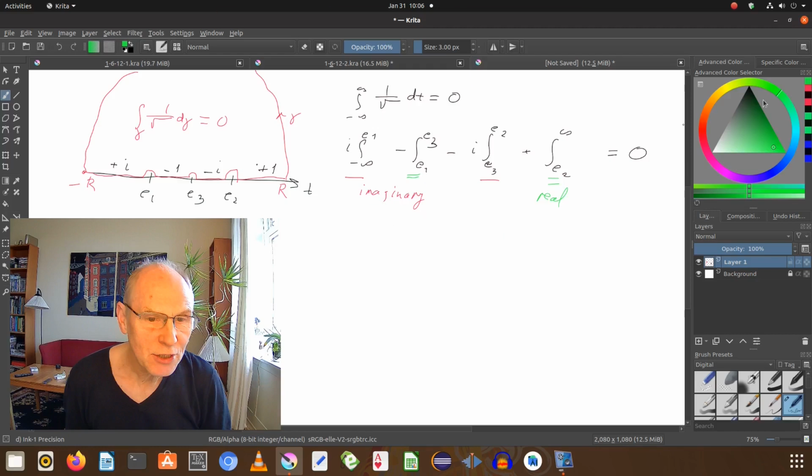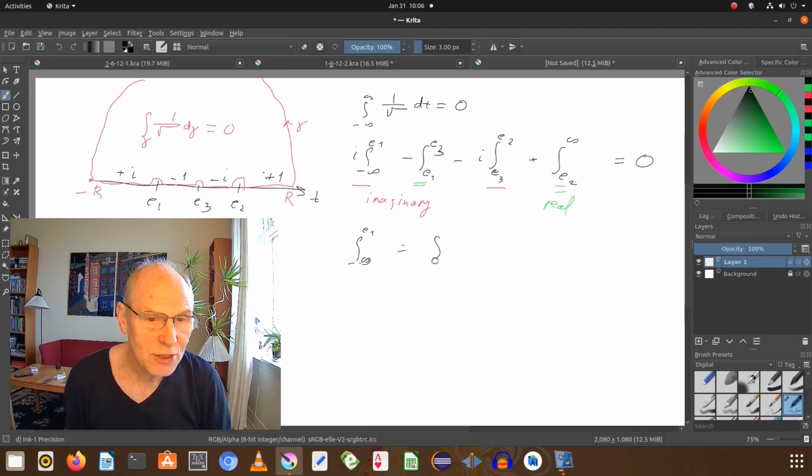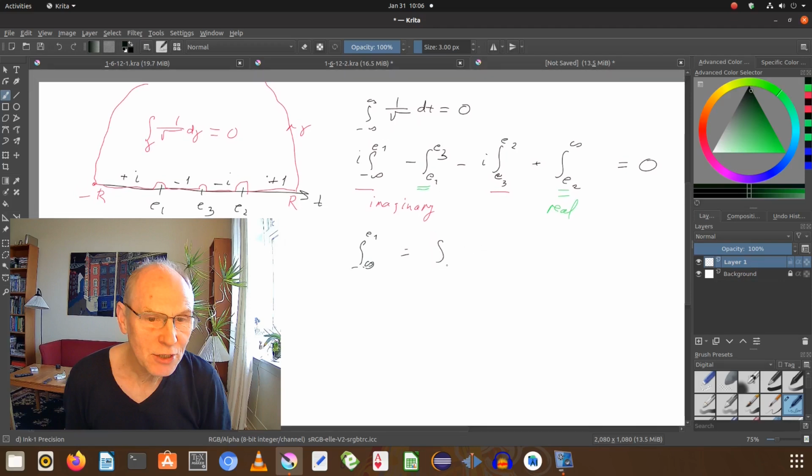So I claim that the integral from minus infinity to E1 equals the integral from E3 to E2. And the integral from E1 to E3 equals the integral from E2 to infinity.